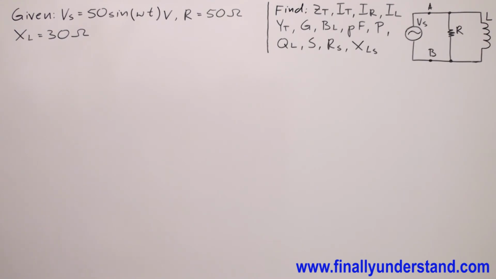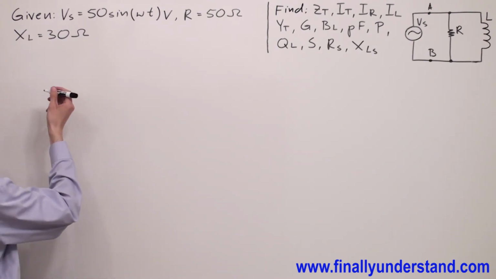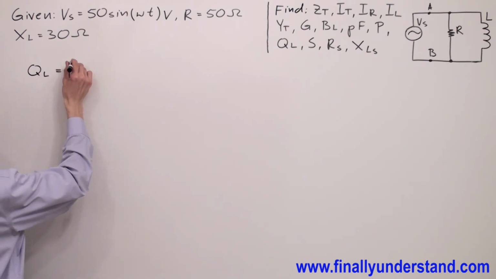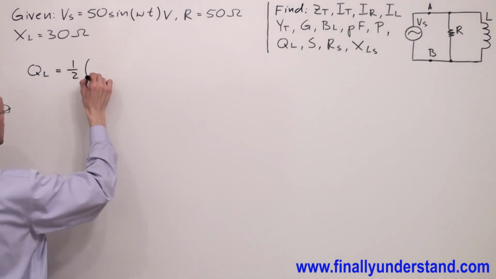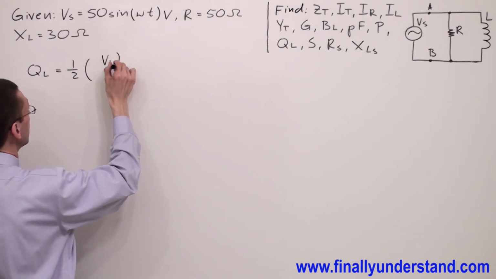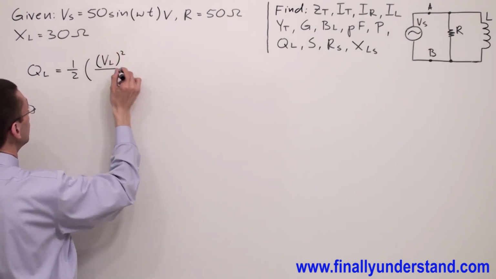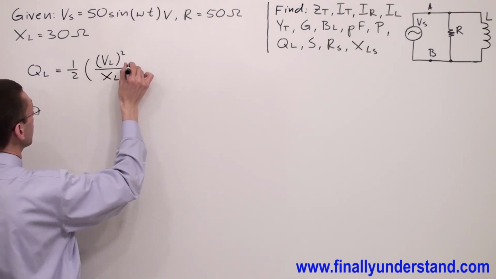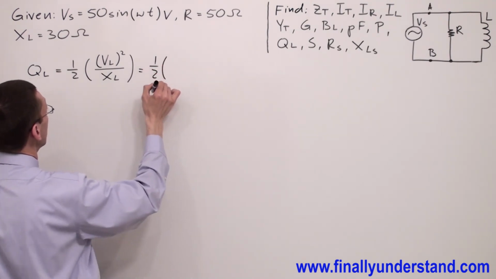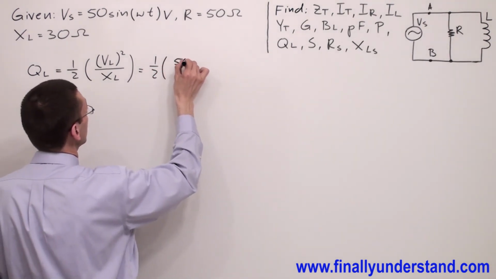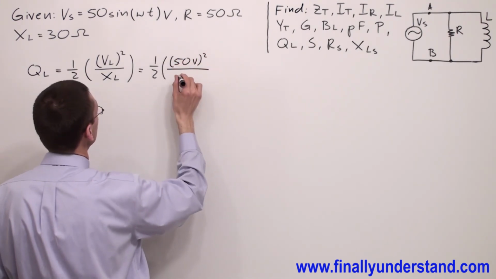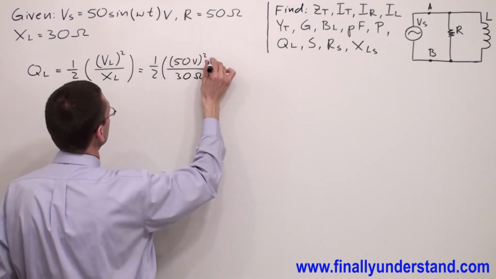Next, we're supposed to find the reactive power. QL is equal to 1/2 voltage across the inductor raised to the second power over X of L. This is equal to 1/2 times 50 volts raised to the second power over X of L, which is equal to 30 ohms.